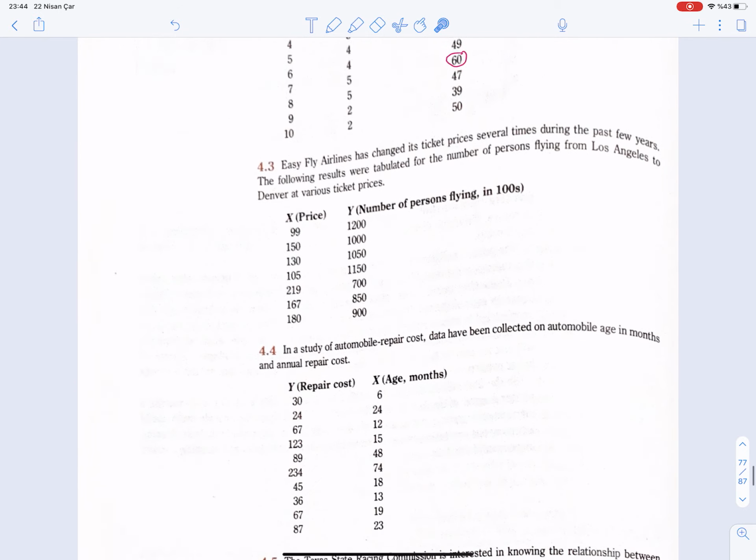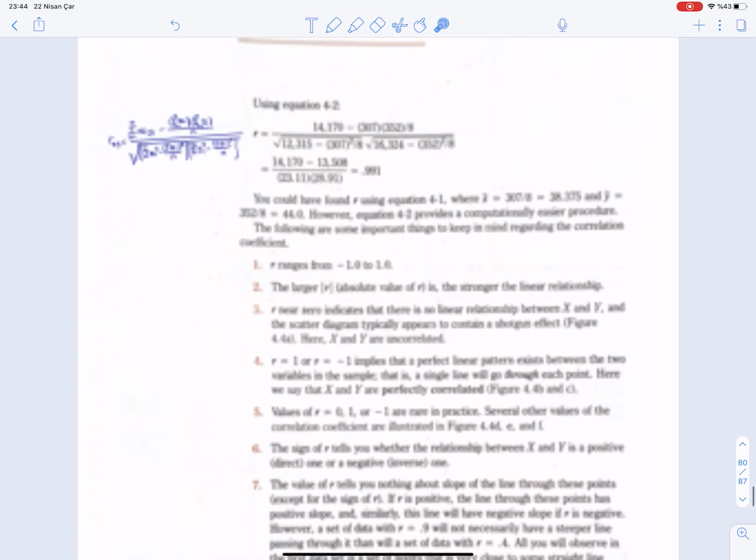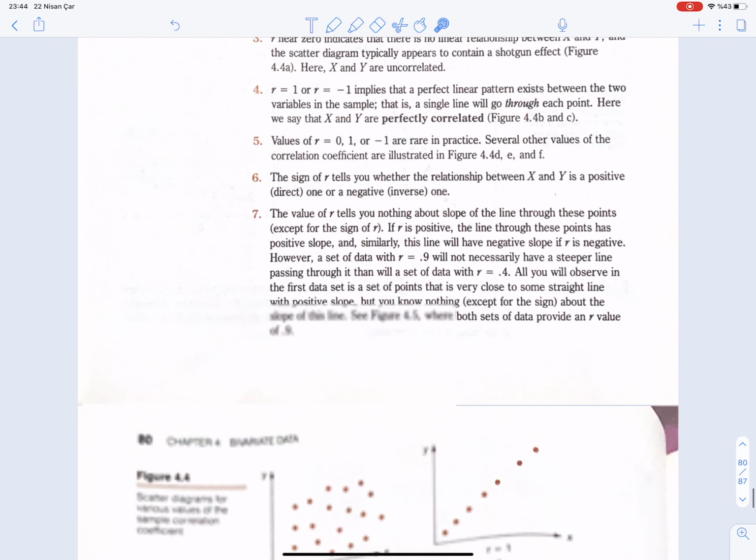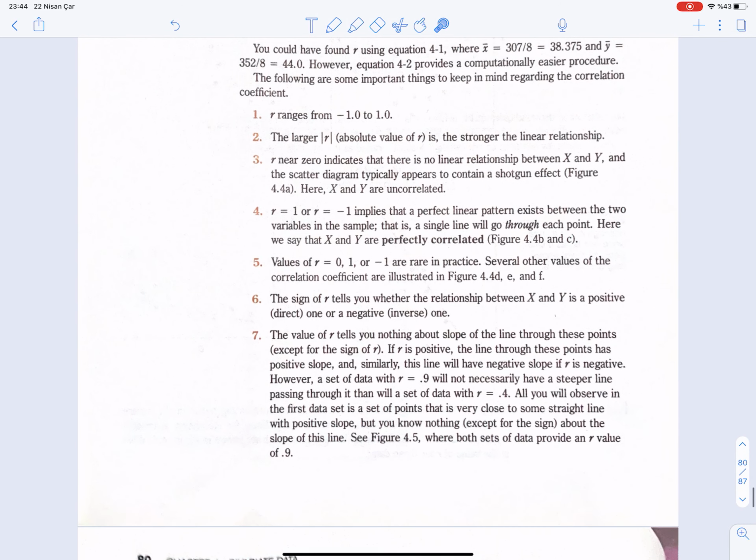Okay, so we have some other pictures from the book just to summarize all this related to +1, -1 correlation. The fifth one is that values of R of 0, 1, or -1 are rare in practice. Yes, we don't observe such type of correlation.